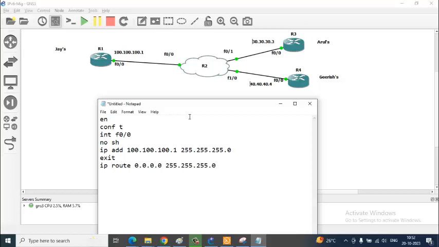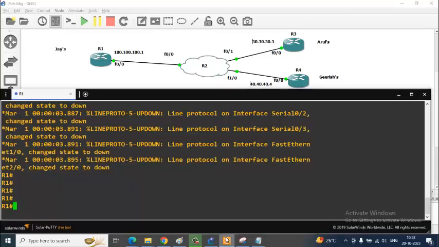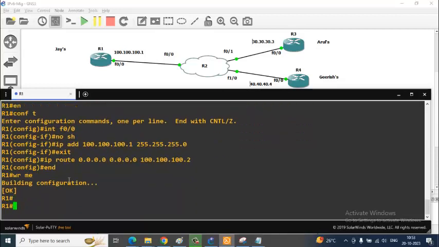The ISP has told me to write a default route and reach them when I want to go to the internet. So I'm going to give the IP address of the ISP, which is router 2. Router 1's configuration is over.